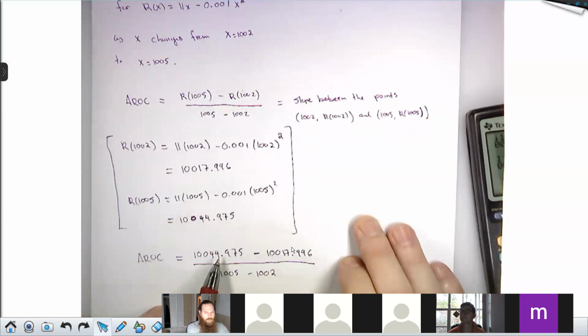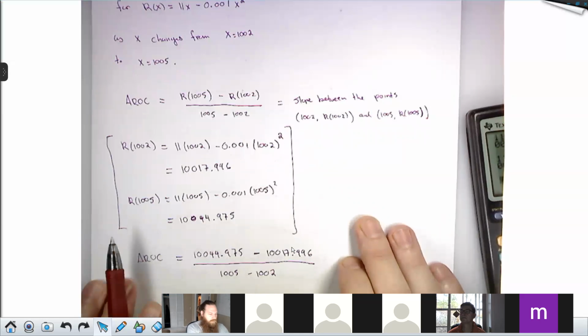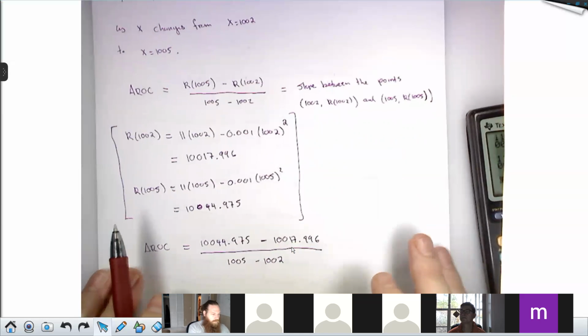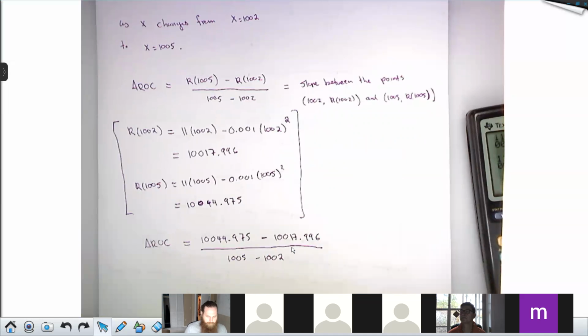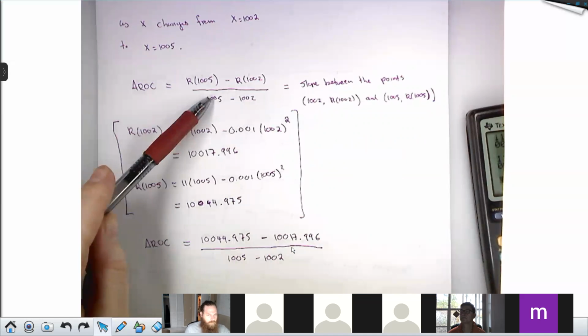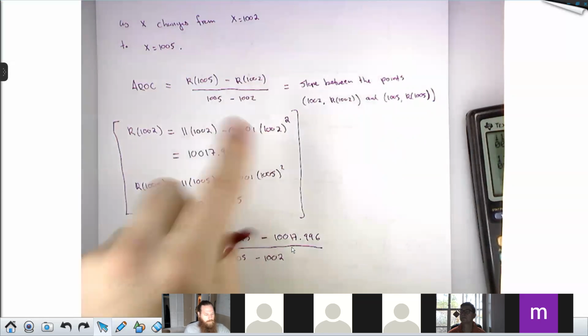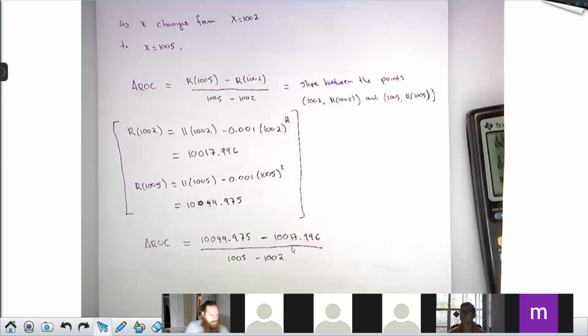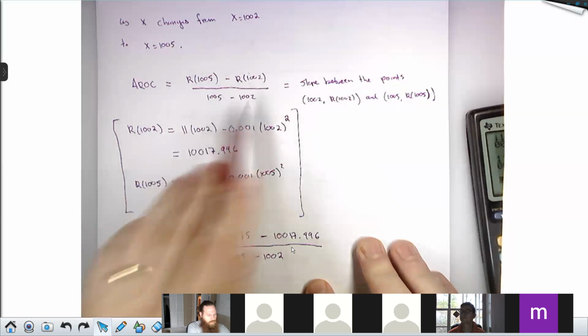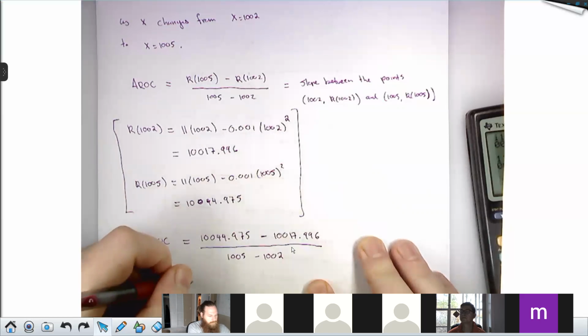The order of subtraction doesn't matter as long as you're consistent top to bottom, just like we talked about with the calculation of slope the other day. As long as you have whatever's here, here, and whatever's here, here, you could flip them over as long as you flip both the top and the bottom. So just make sure that you're subtracting in the same order in the top as you are in the bottom.